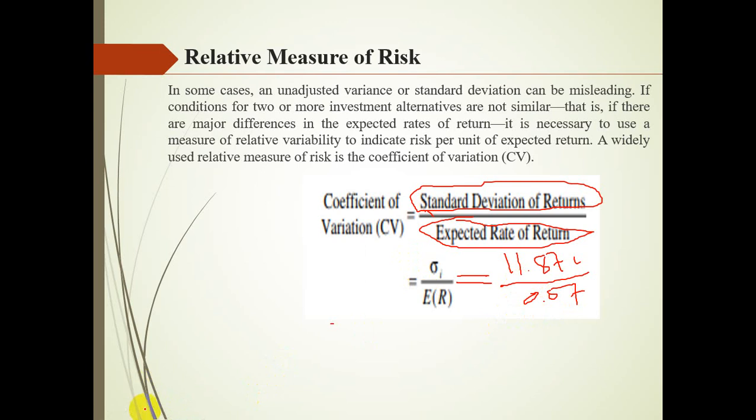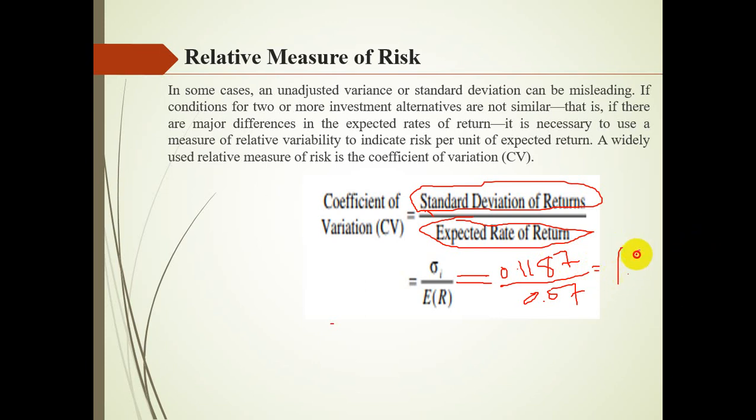So I have to convert the above also, that is 11.87%, so I will write down 0.1187, right? So you will get the coefficient. So what is my coefficient here? If I do division for these both, 0.1187 divided by 0.07, it becomes 1.69.